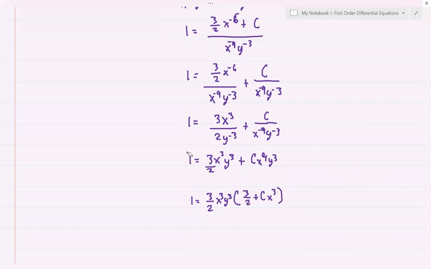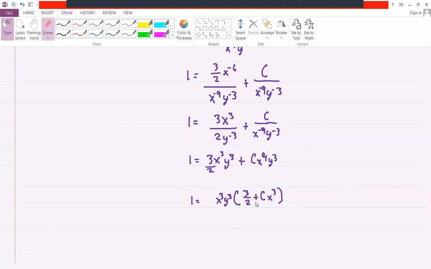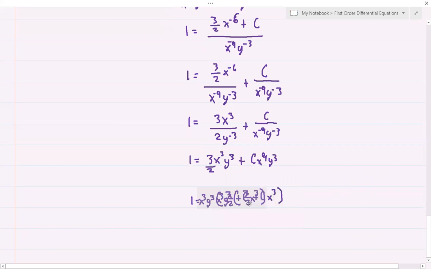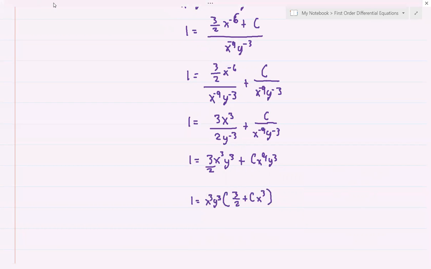Wait, I'm wrong. Sorry, forgive me. What I did here is I just factored out x cubed, y cubed. So after I factor out x cubed and y cubed in this expression, I have this as your final answer: x cubed times y cubed times quantity 3 halves plus c times x cubed.